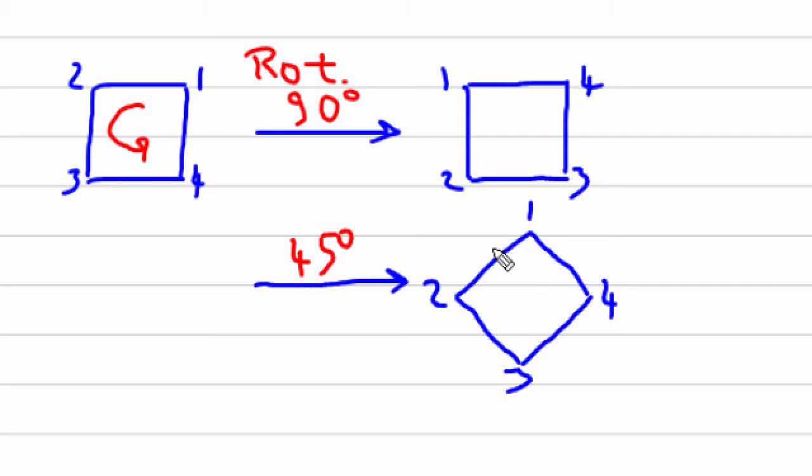And if you superimpose the first square and this square, you will see that the corners don't really overlap, meaning that 45 degrees is not an operation which will transform this square into itself, so that these two squares, the initial one and the final one, are actually superimposing.